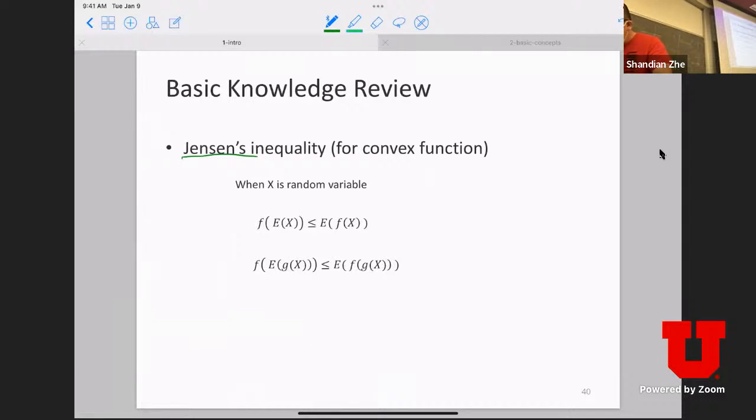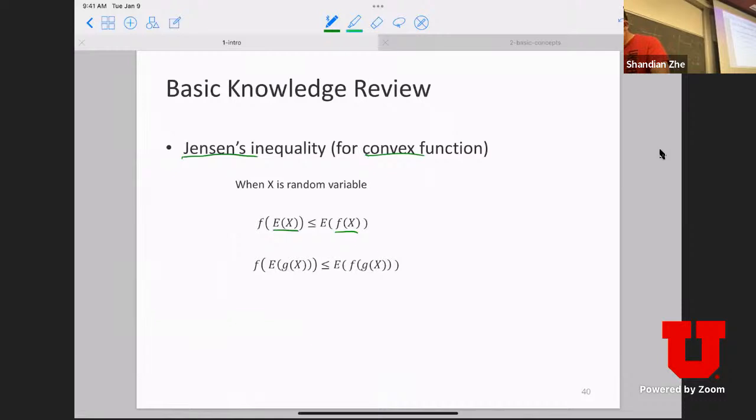You have a random variable and you calculate the function value with respect to the random variable. What conclusion can we draw? It says that if you take the expectation of x and then apply the function f, this value is less than or equal to the expectation of f of x.